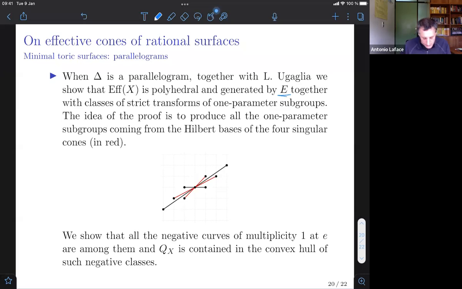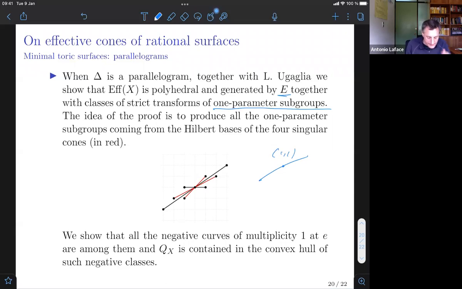The idea to prove this is to look for these one-parameter subgroups which produce negative curves on the surface. Of course, these will be negative curves having intersection number one with the exceptional divisor, because this one-parameter subgroup will pass through the point (1,1) with multiplicity 1.